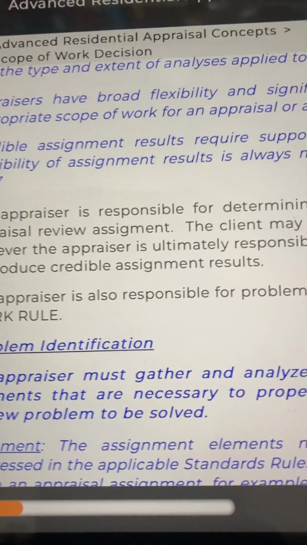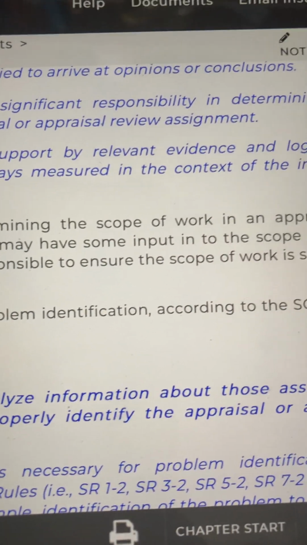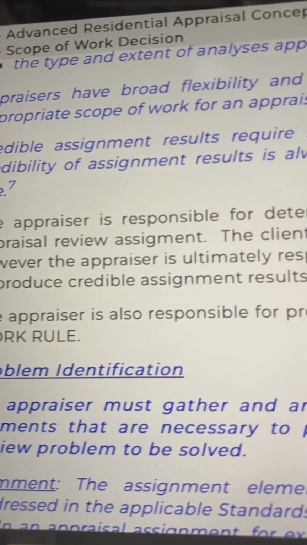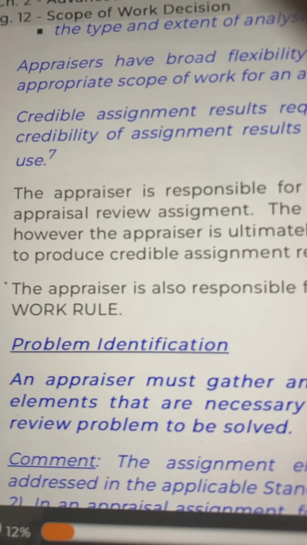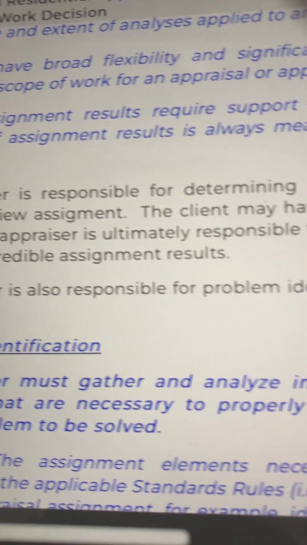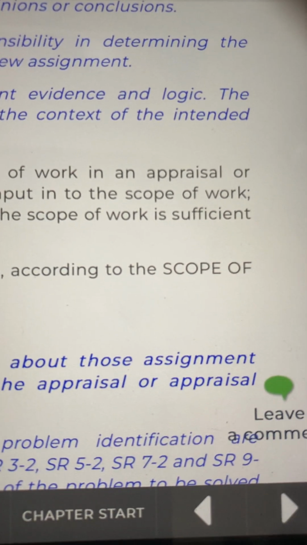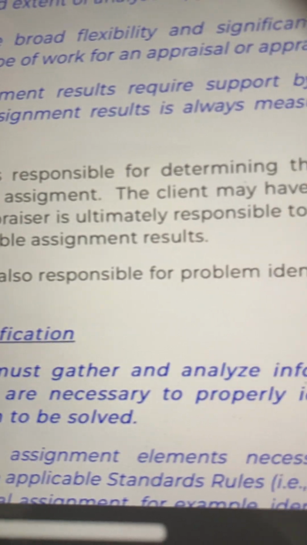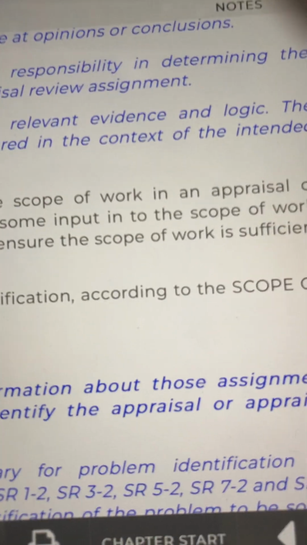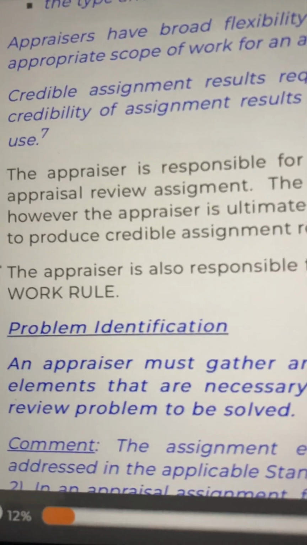Appraisers have broad flexibility and significant responsibility in determining the appropriate scope of work for an appraisal or appraisal review assignment. Credible assignment results require support by relevant evidence and logic. The credibility of assignment results is always measured in the context of the intended use.